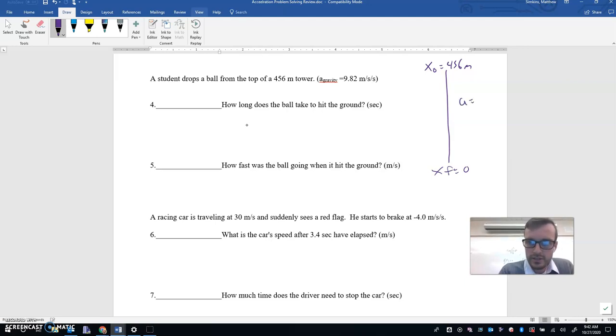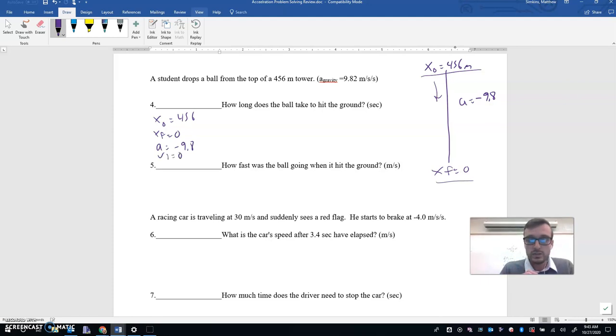Our acceleration, we're going to call negative 9.8 because we are going from a positive position to 0. So we're going backwards on the number line as we fall. And it says how long does it take to hit the ground. So we got x initial is 456, x final equals 0, a equals negative 9.8, and our v initial is equal to 0 also.